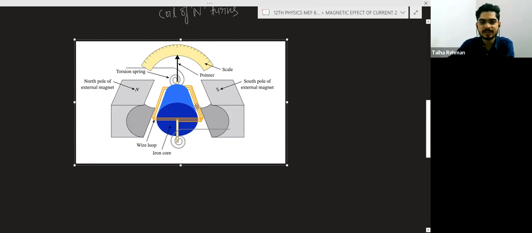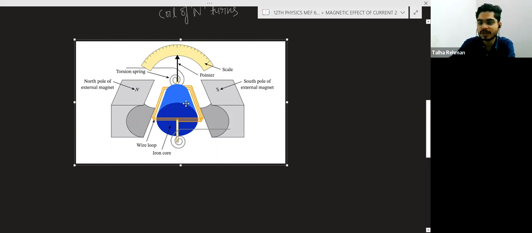What is going to happen here? There will be some magnetic field due to the magnet, and this is the coil. Due to the magnetic field, this coil will rotate, and due to that, a torque will be generated.